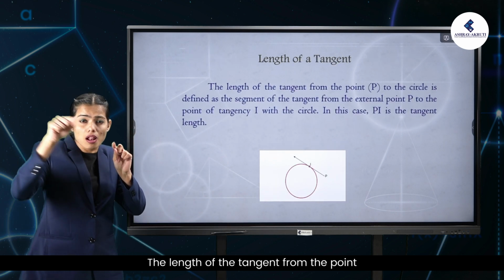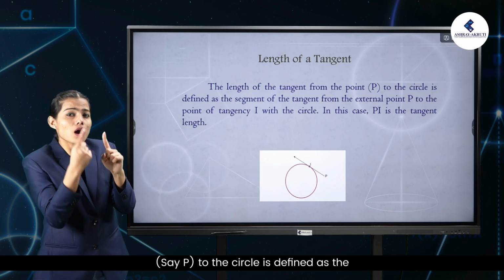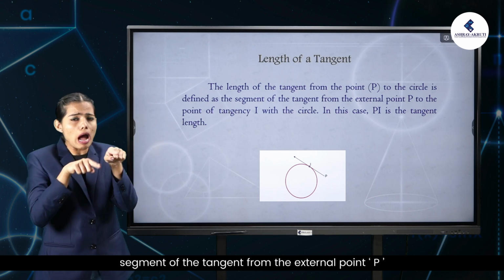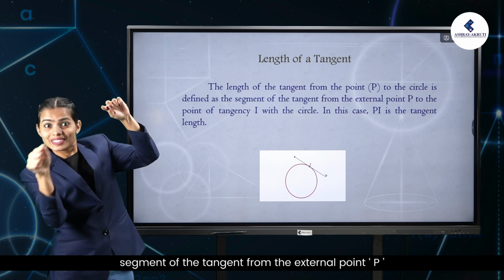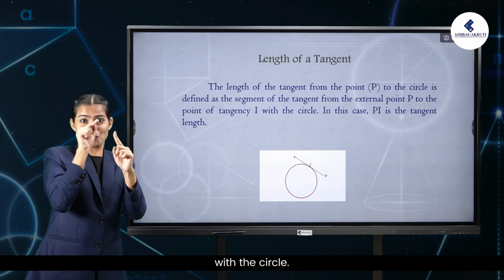The length of the tangent from the point, say P, to the circle is defined as the segment of the tangent from the external point P to the point of tangency I with the circle.